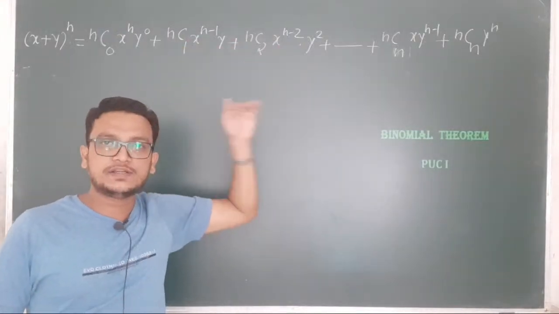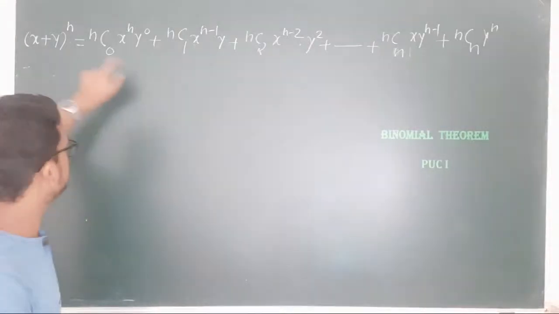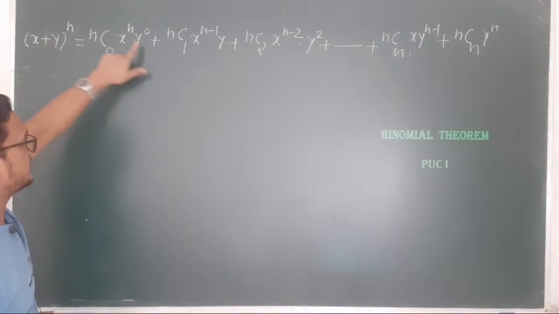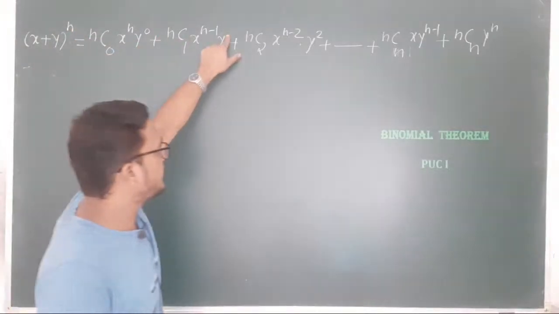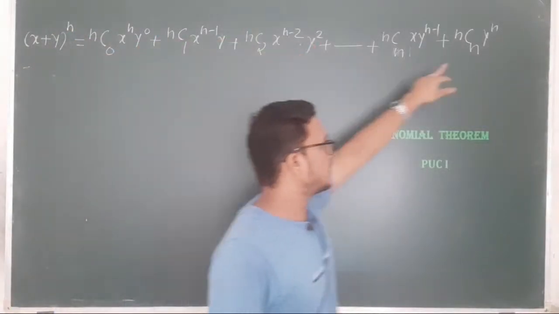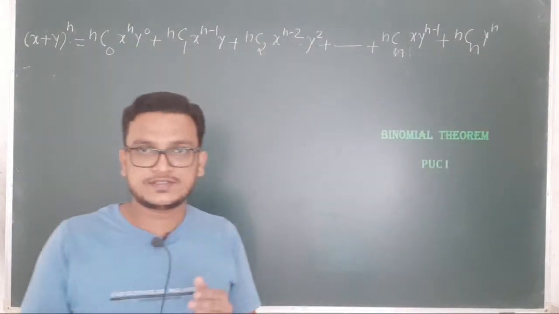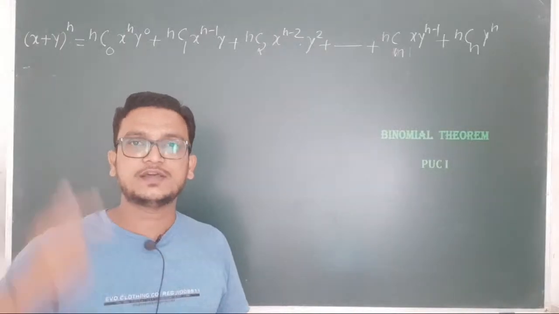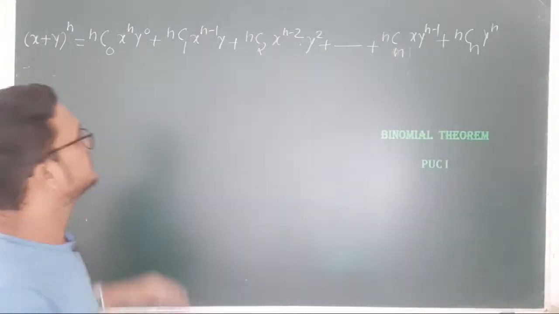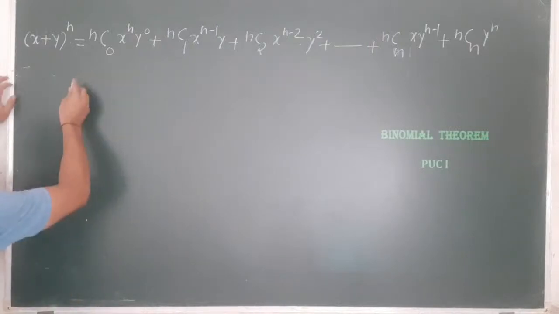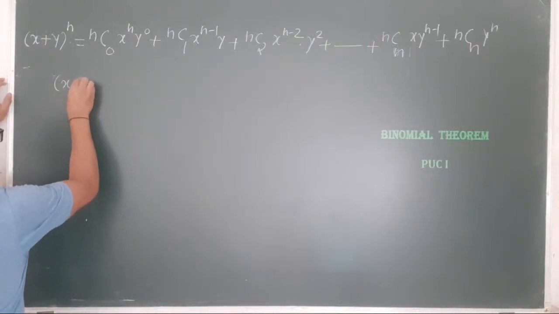Whereas the second term y goes y to the power 0, y to the power 1, y to the power 2, and so on up to y to the power n. So the first term will go on decreasing, whereas the second term will go on increasing. So this is the binomial expansion, and we can write this binomial expansion in the form of summation.